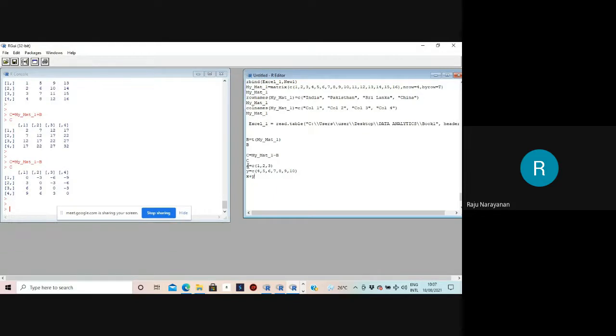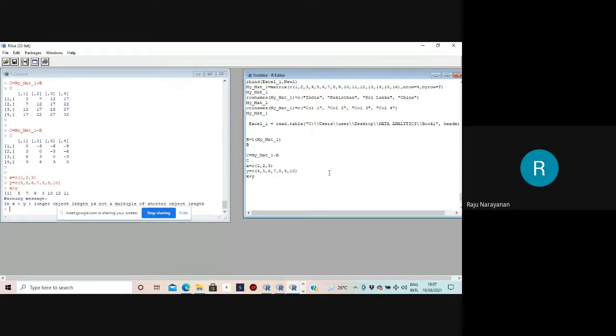It will do that work without our permission. 1 plus 4, 5, 2 plus 5, 7, 3 plus 6, 9. Again 1 plus 7, 8, 2 plus 8, 10, 3 plus 9, 12. Again 1 plus 10, 11.